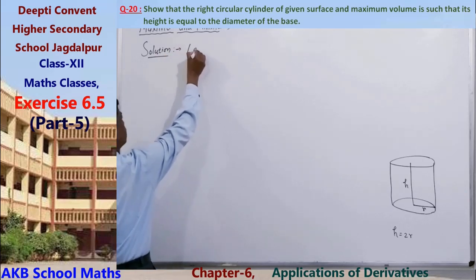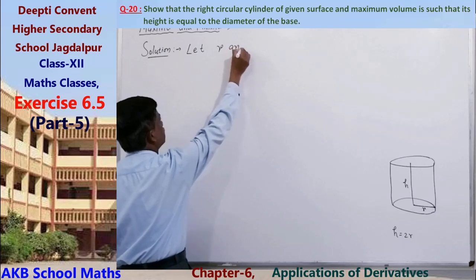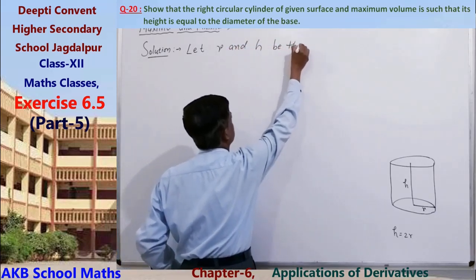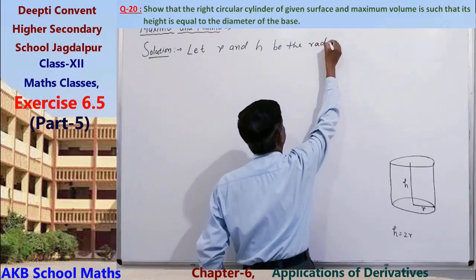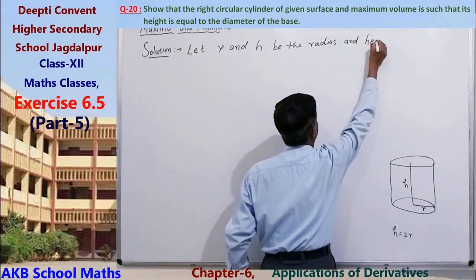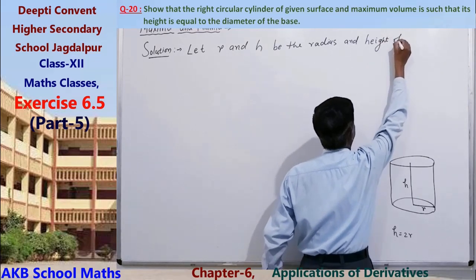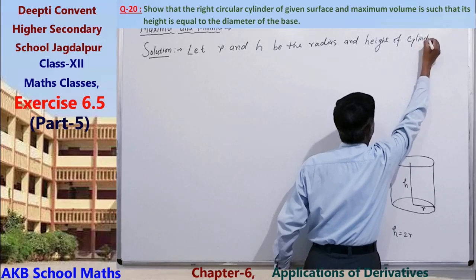So let r and h be the radius and height of the right circular cylinder.